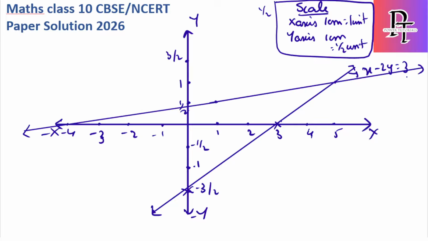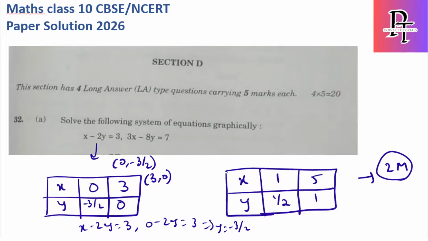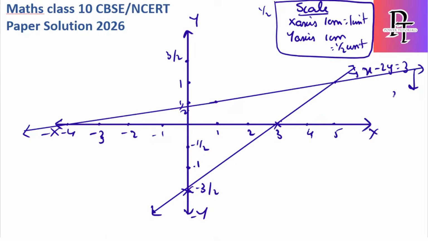Okay, so this second equation, which is 3x minus 8y is equal to 7. So these two lines, if you notice, it is intersecting at one point. आपको एक point में intersect हो रहा है और वो वाला point होगा 5, 1.